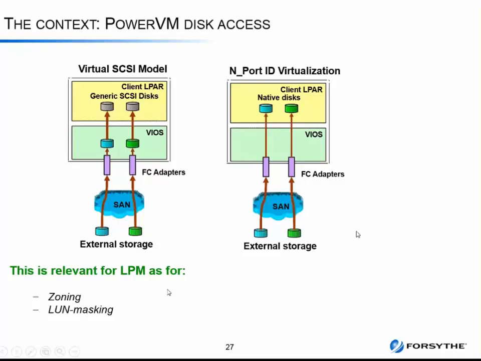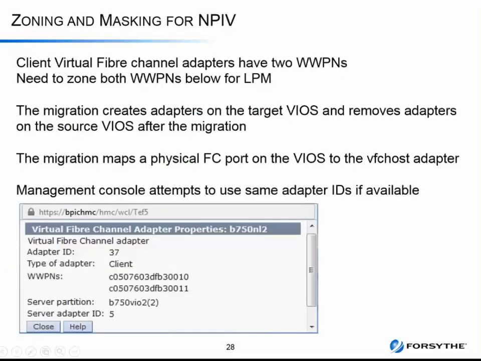And then, of course, the zoning is done all the way through to the client, which is why you're doing those virtual fiber adapters, including the secondary one, versus here, the zoning is done to the VIOS. So LUN masking and zoning is very different for vSCSI versus NPIV. And that's really what we're talking about here, and I showed you this before, where with the NPIV environment, we have two WWPNs instead of the single one that we would have for vSCSI.